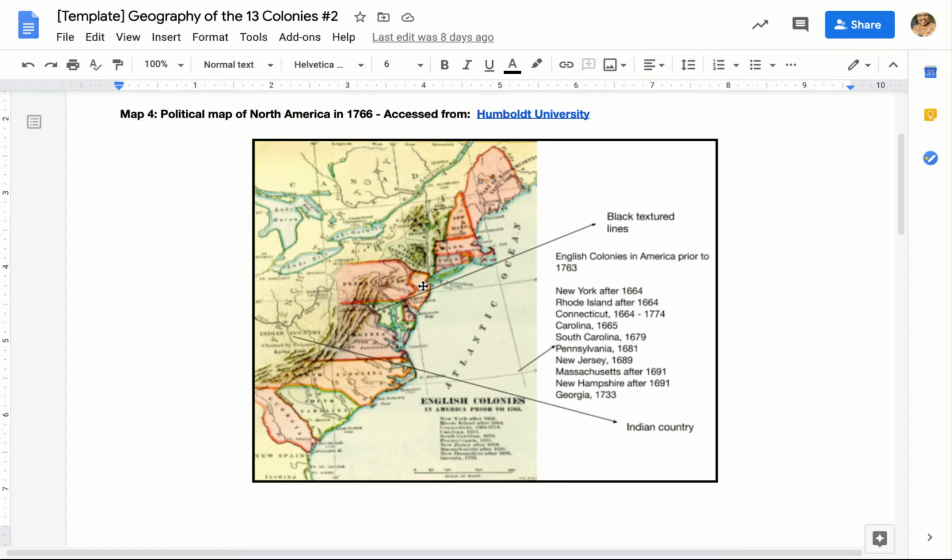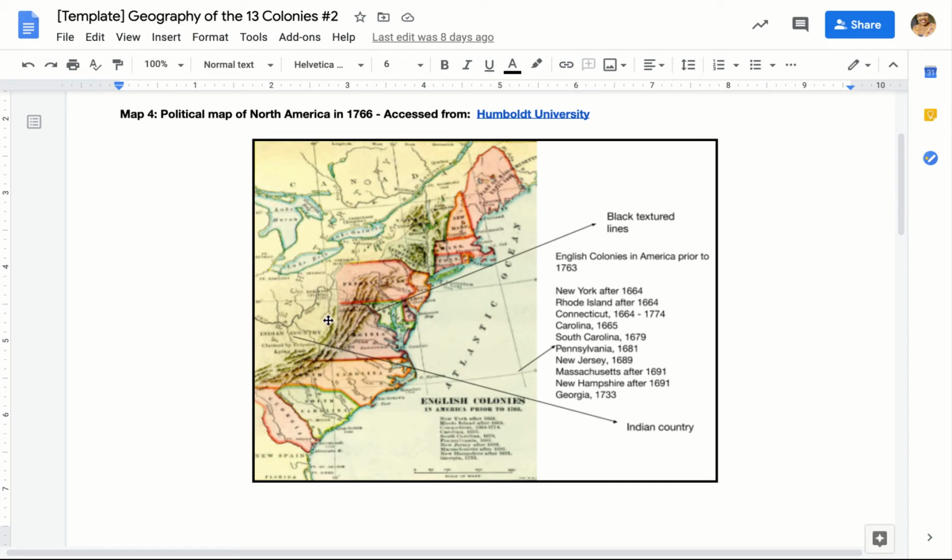It does say that these are black textured lines. That is one of the questions. Your job is to identify what you believe those black textured lines to be. It does list the English colonies in America prior to 1763, because those black textured lines in 1763 all have something in common.